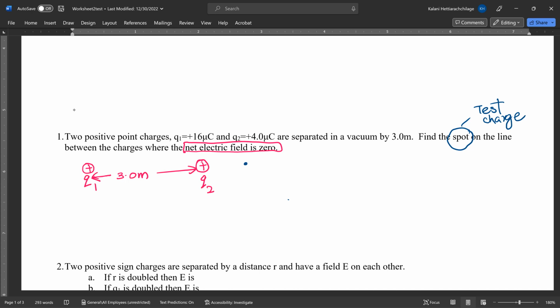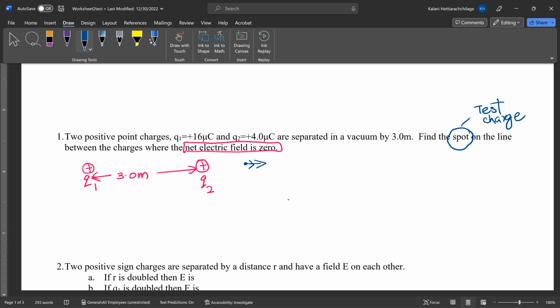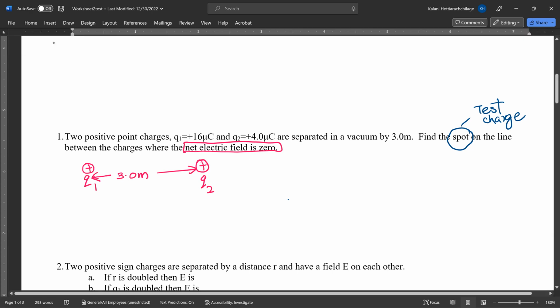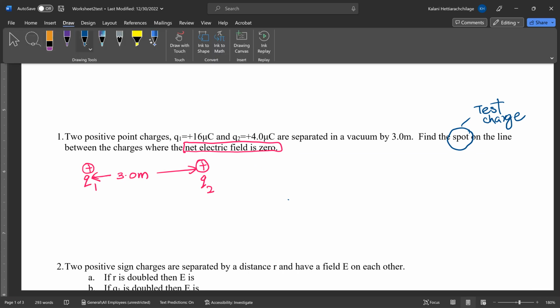So let's see. The positive charge will create an electric field this way. And this positive charge also creates an electric field this way, but it is smaller. Now all the electric fields are in the right direction, so this particle cannot stay there because there is a field in the right direction. Do the same for the other side.